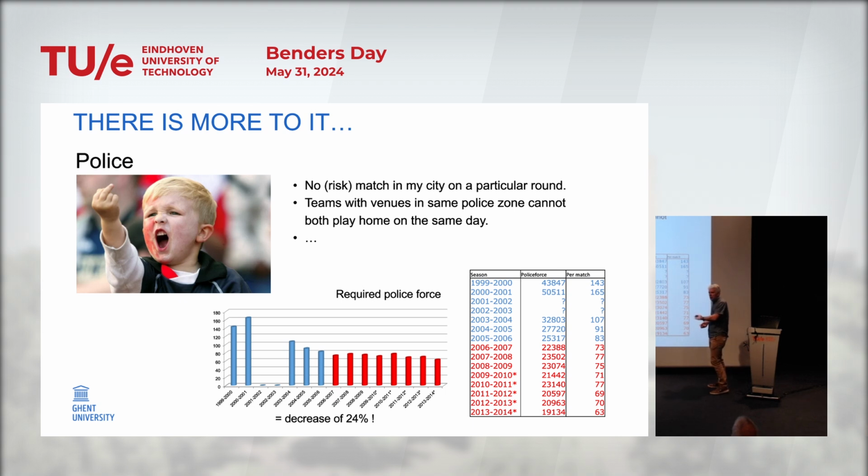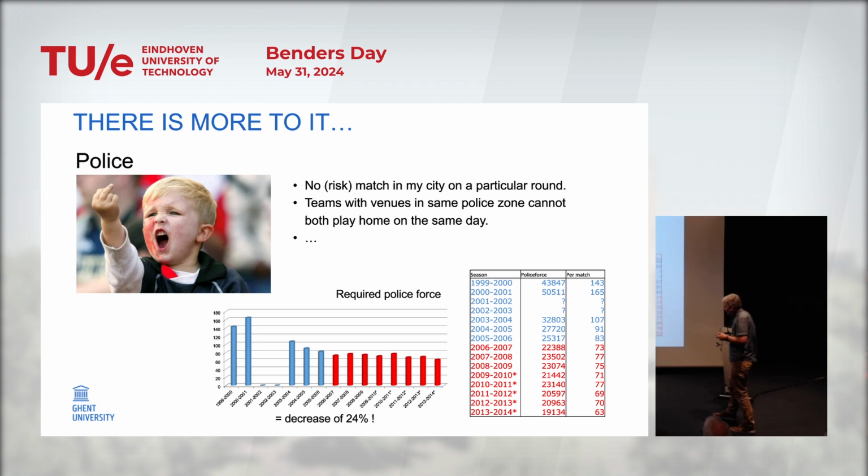Apparently this has been a question in the Belgian Senate that comes back every year, like how much are we actually paying for all this football stuff? And then they have to report how many police officers spend their time supervising these games. So that's where we get the numbers. And blue, should I remind you, is before we were involved, red is after. So you can make a difference here.